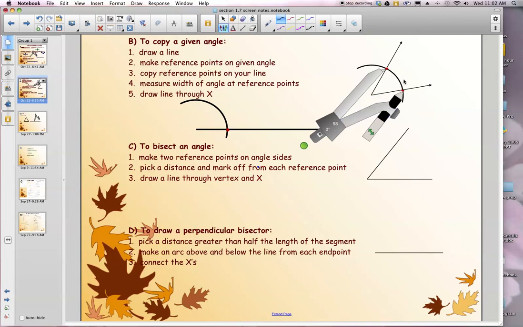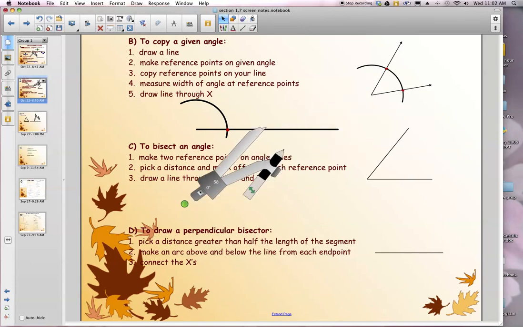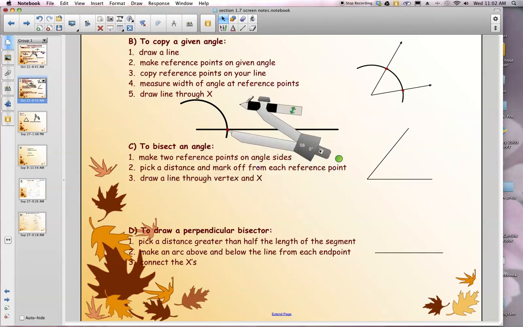Measure the width between them. Now, without squeezing, you're going to come down here and do that same thing. Here this reference point is already created, so you're going to put the pointy end on that one. I'm going to swing my compass around, and wherever my compass crosses this point, that's your width. The width here has to be the same as the width here.